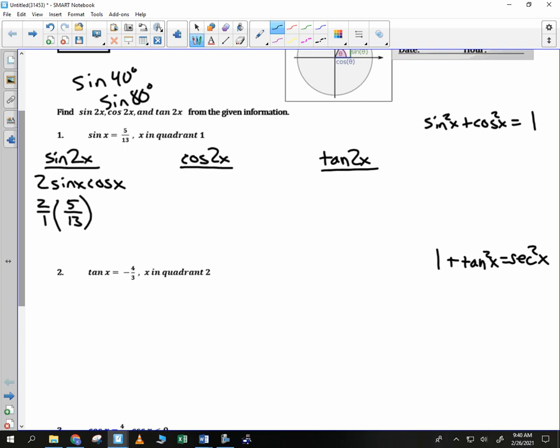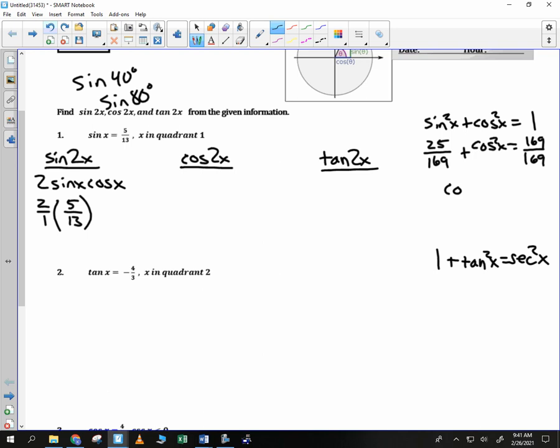All right, let's square that guy. What do you get if you square 5 over 13? 25 over 169 plus cosine squared of x is equal to 169 over 169. I'm now going to subtract 25 from both sides.